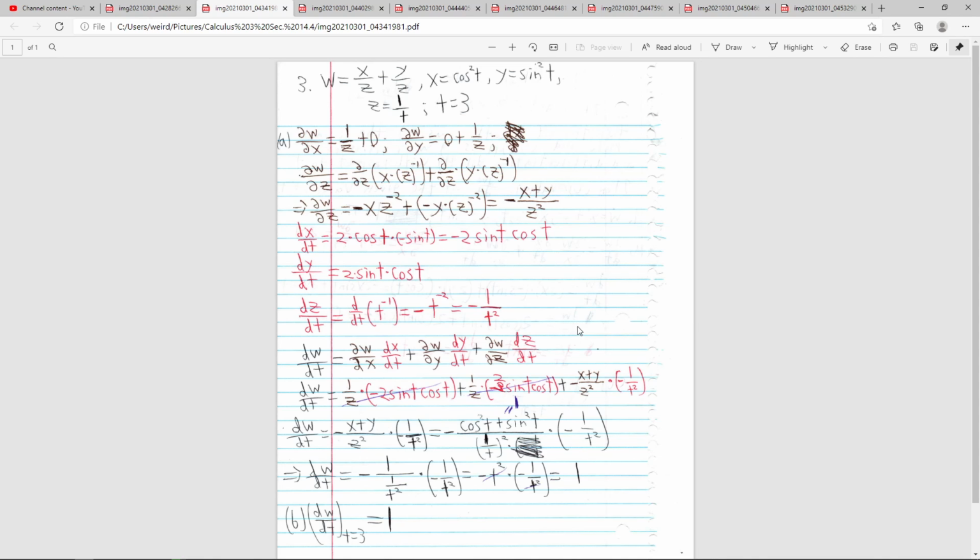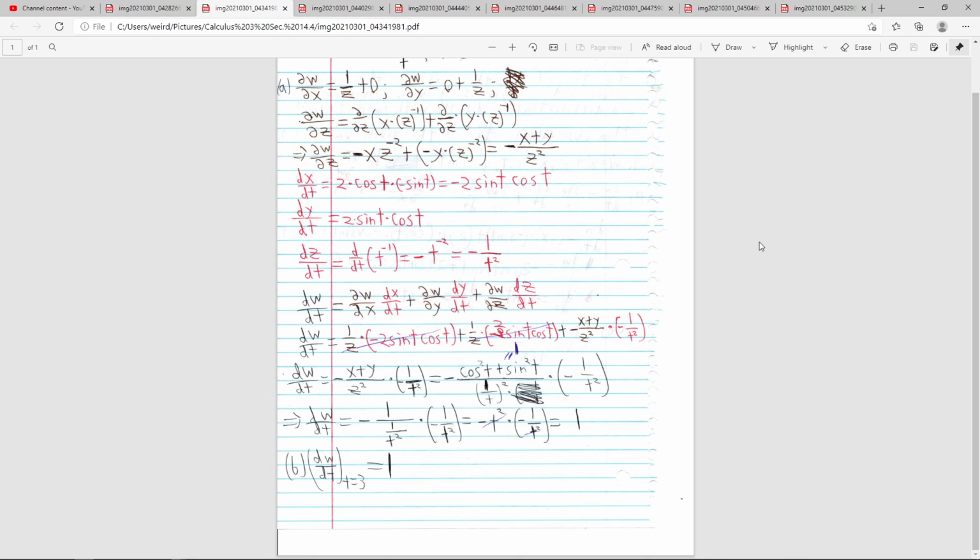And of course it's power rule for cosine squared t and sine squared t. And even this one, I think the work's pretty self-explanatory. And so I plug in these values. I kind of skipped ahead, kind of cheesing. No matter what, this is 2 sine t cosine t and negative 2 sine t cosine t, each divided by z. So they're going to cancel each other out, pretty much is what I saw.